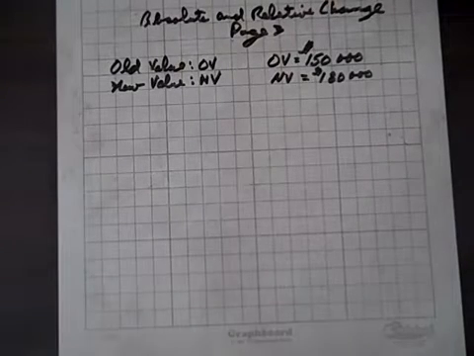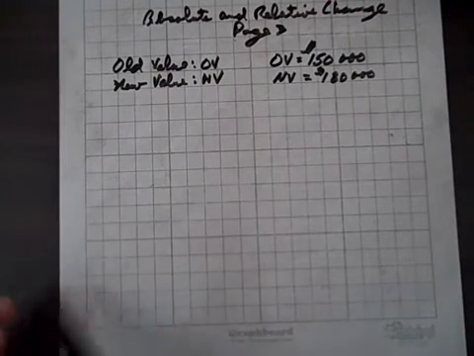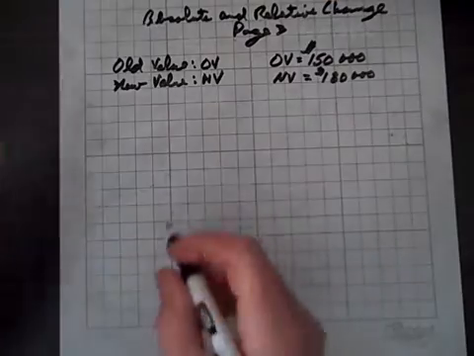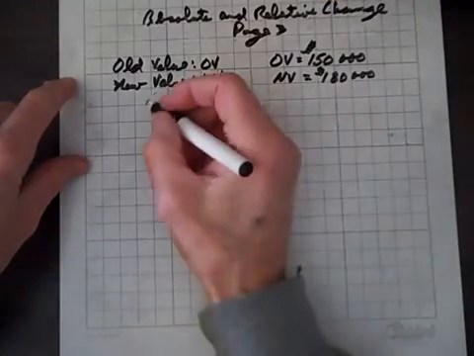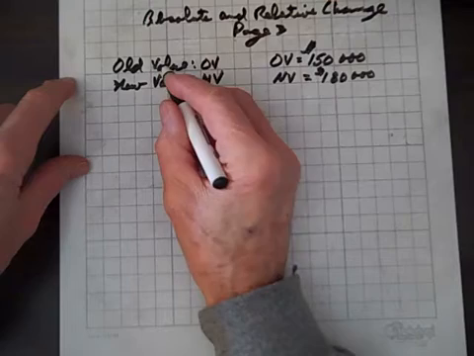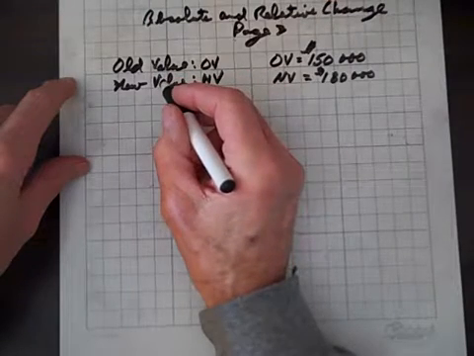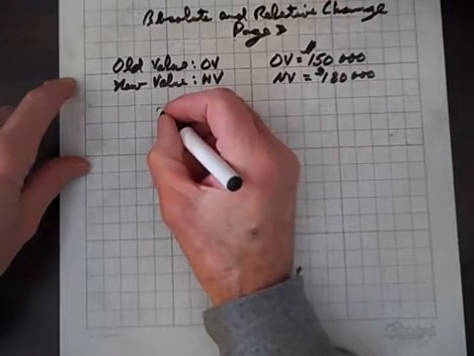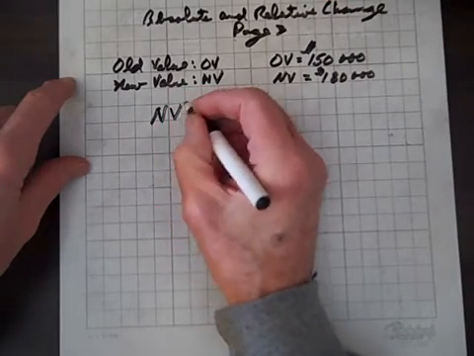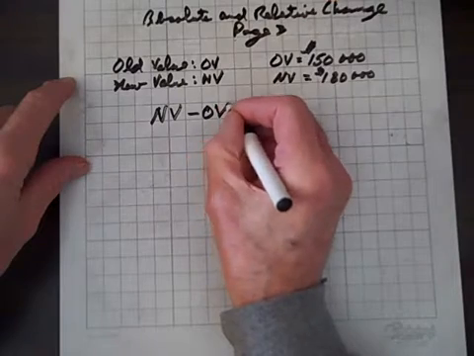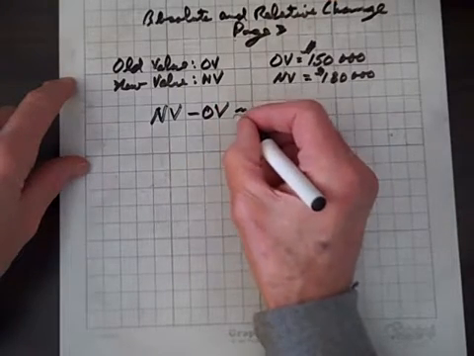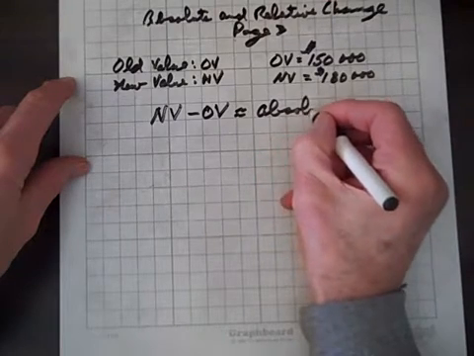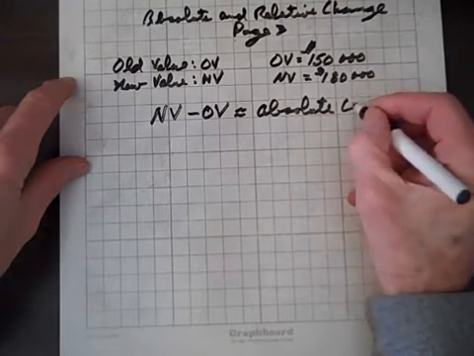Now on page 3, you'll see the formulas for absolute and relative change. For absolute change, it's always the new value minus the old value, and that corresponds to absolute change.